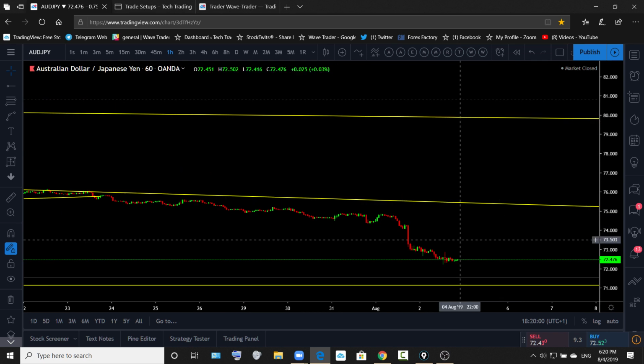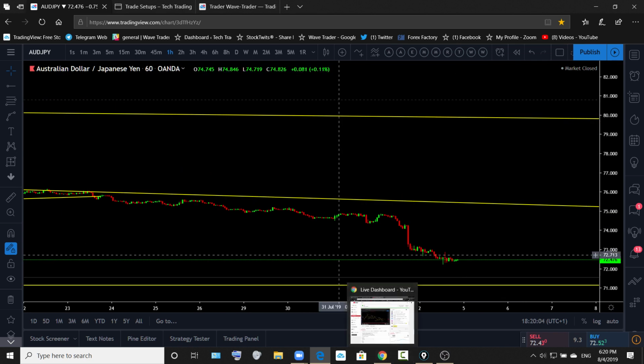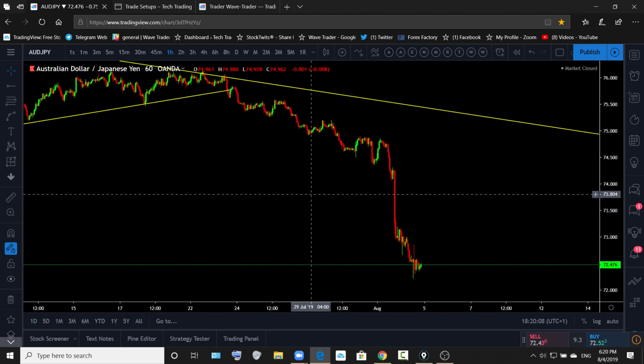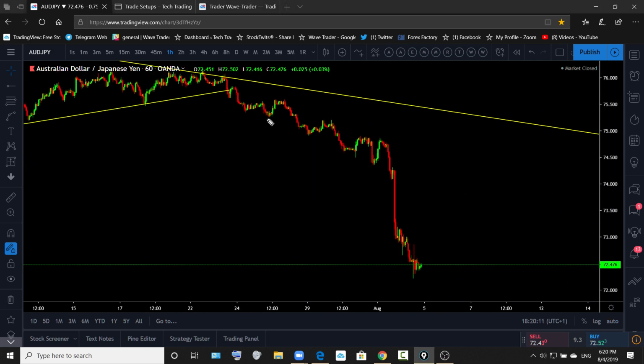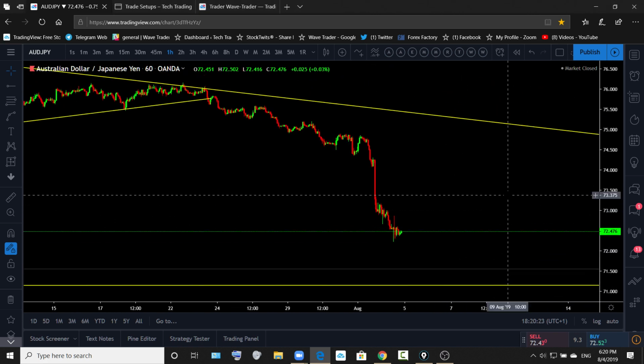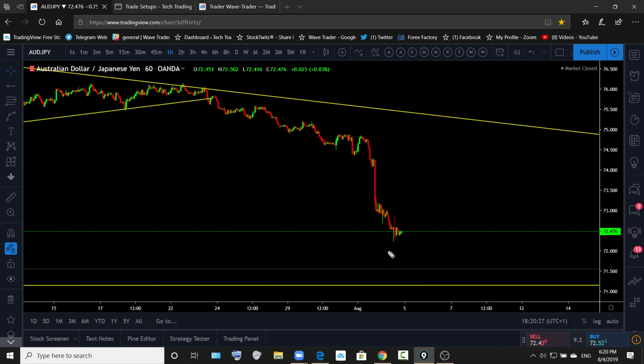Any corrections you see on the lower time frame mean a short-term continuation to the downside. Any correction like that will be a small continuation trade up to a new low. As I said, the US dollar still has room to push lower, and once that room is over, price is going to start to reverse.